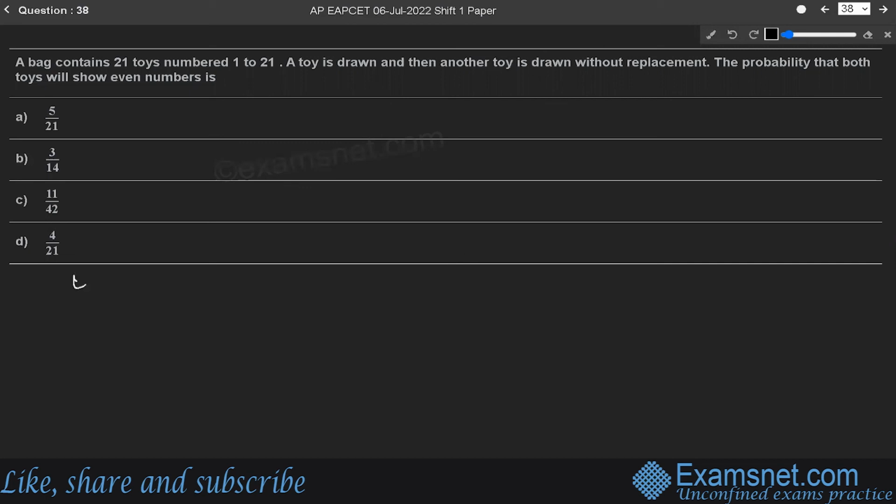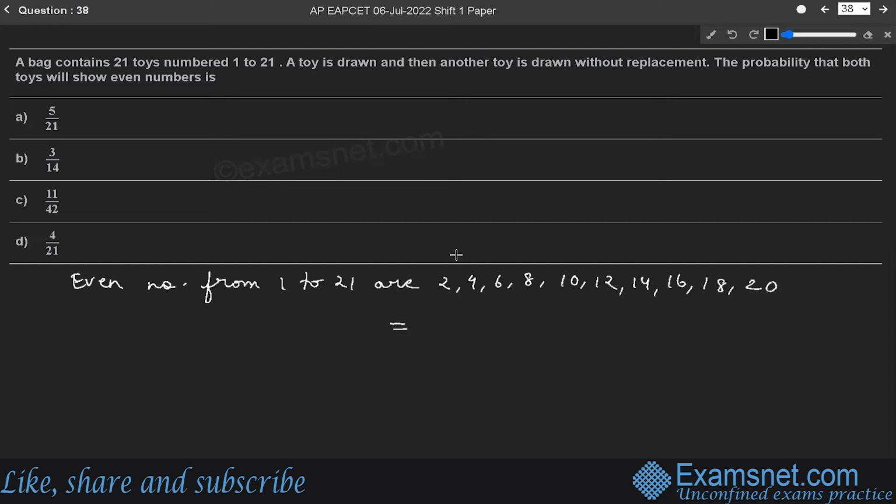See, we know that the even numbers from 1 to 21 are 2, 4, 6, 8, 10, 12, 14, 16, 18 and 20, which is a total of 10 even numbers between 1 and 21.